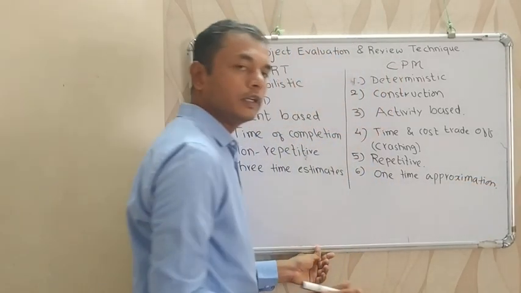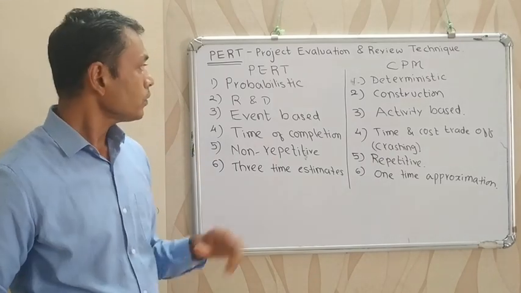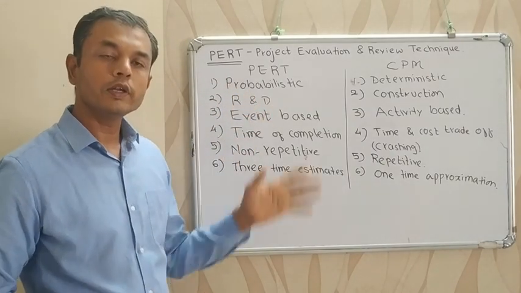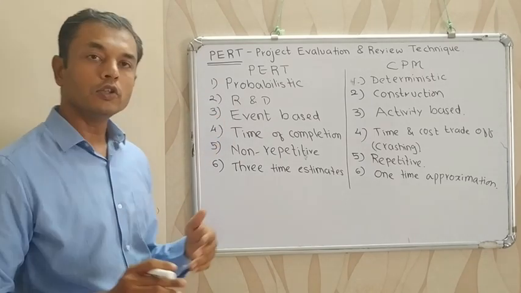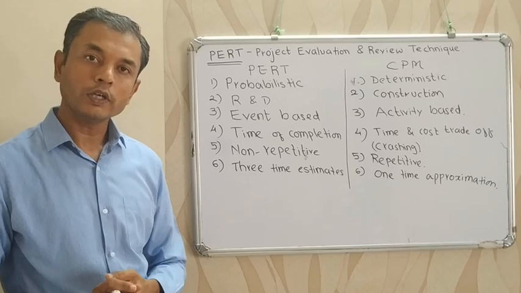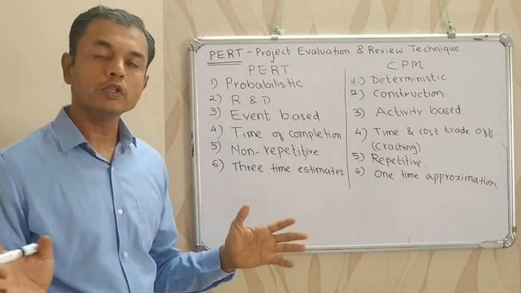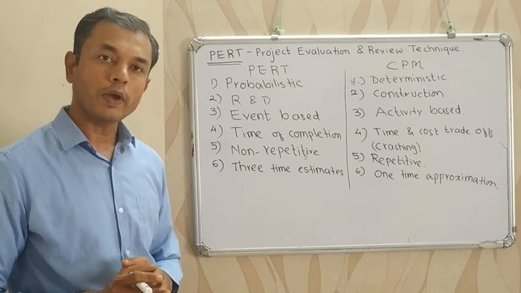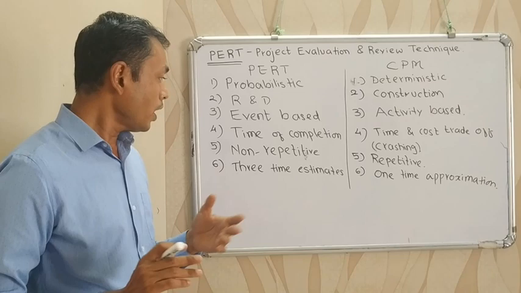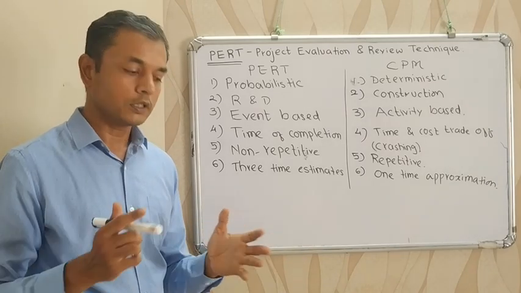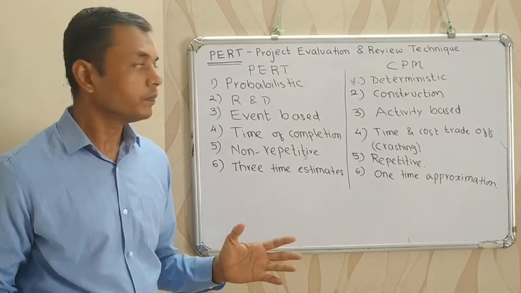So we can say that project evaluation and review technique is probabilistic in nature. It is normally used in research and development projects. It is event based and more focus is on time of completion of the activity. It is non-repetitive, and there we use 3 time estimates: most likely time, pessimistic time and optimistic time.